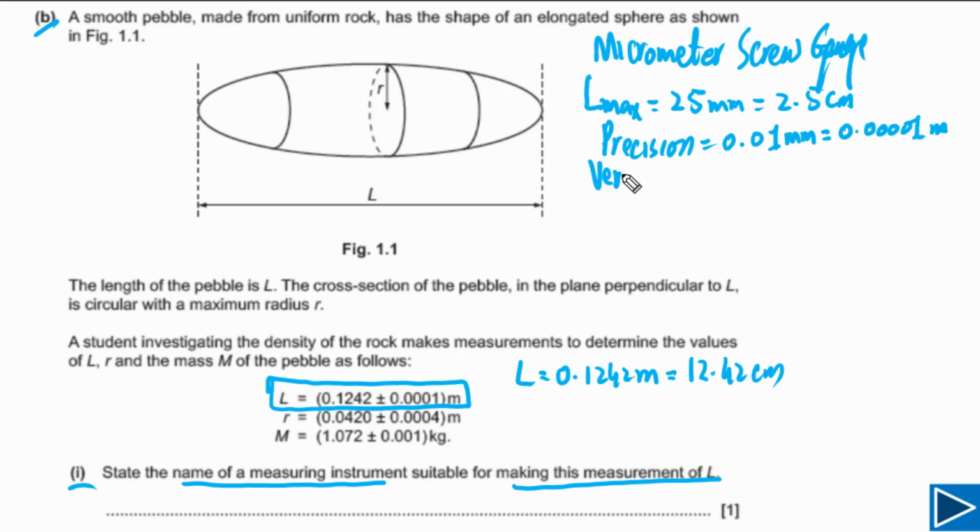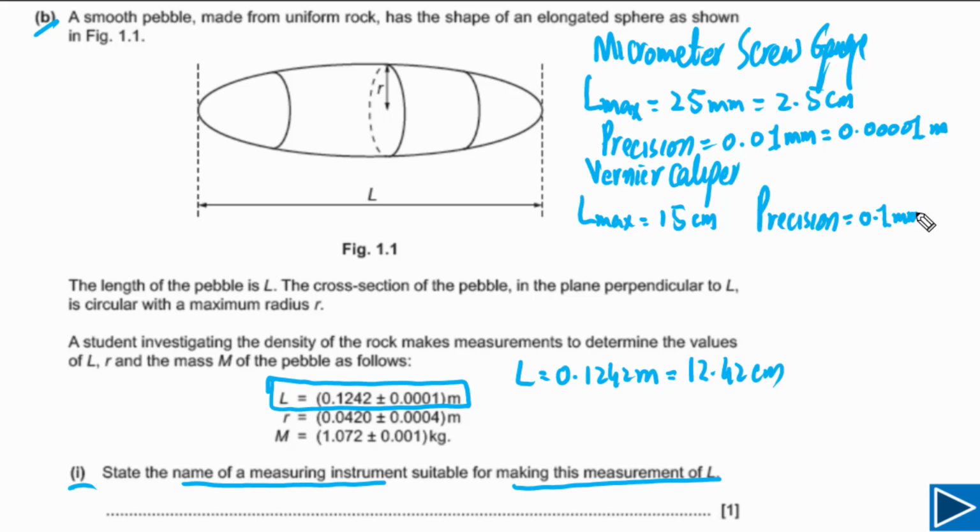The next common instrument used in the physics lab is the vernier caliper. Let's try to understand a little bit about it. The maximum length we can measure with a vernier caliper is about 15 centimeters, and the precision of the vernier caliper is 0.1 mm.